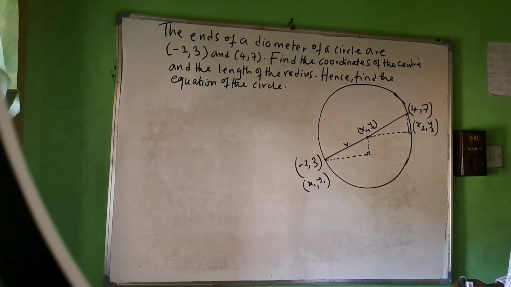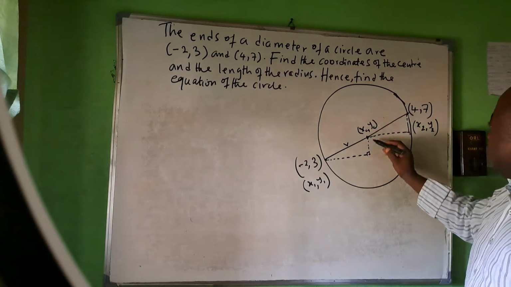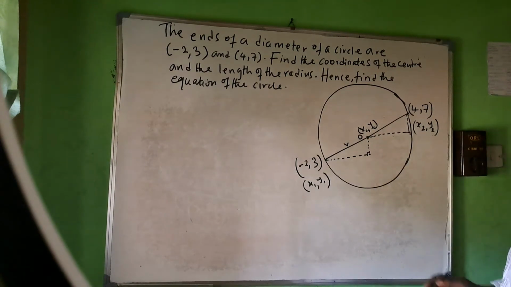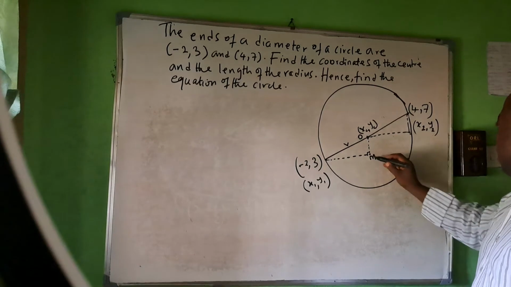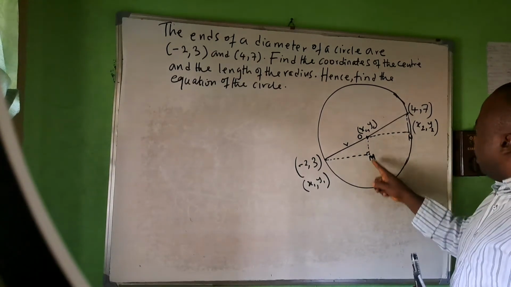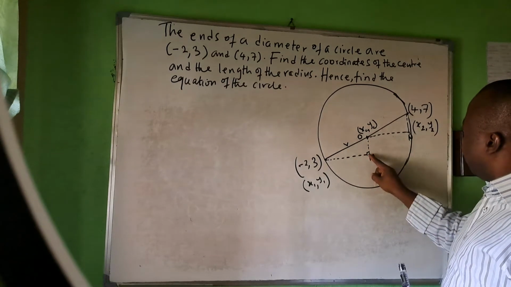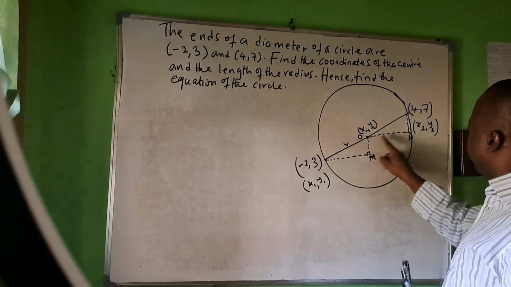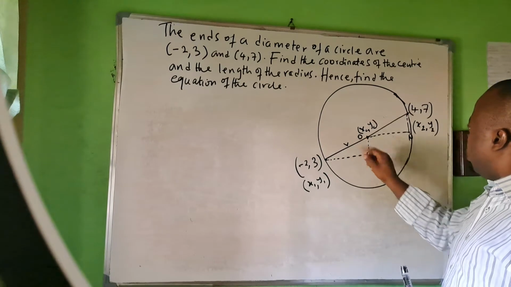Now, if I call here O, as it is the center, I call here M and N, and this coordinate here is XC, YC, meaning XC is the horizontal component and YC is the vertical component.